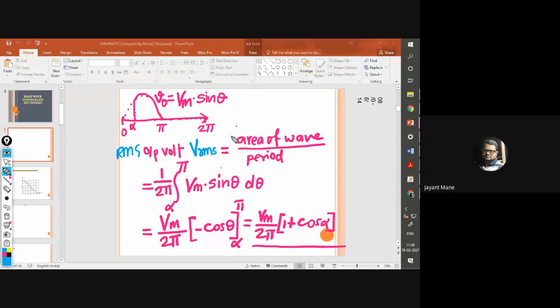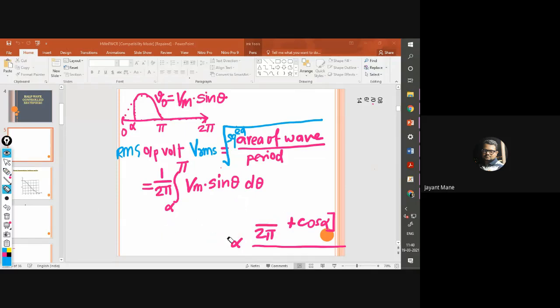VRMS is squared area and under root. Only this is the change. So for the integration now, we have to square the equation, integrate within the same limits. So you will get squared area.